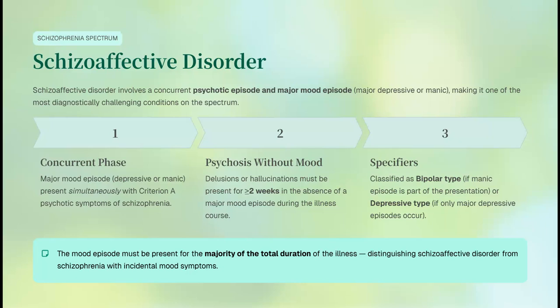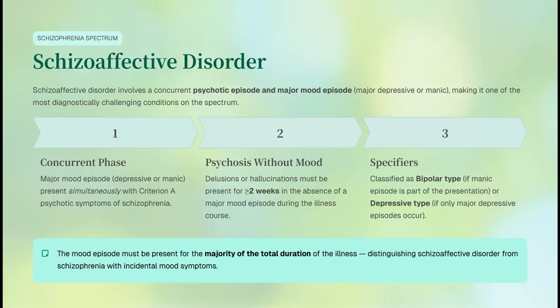So that's the catch. They have psychotic symptoms, whereas delusions or hallucinations that last at least 2 weeks without any mood episode. So this confirms the psychosis isn't just caused by the mood disorder.